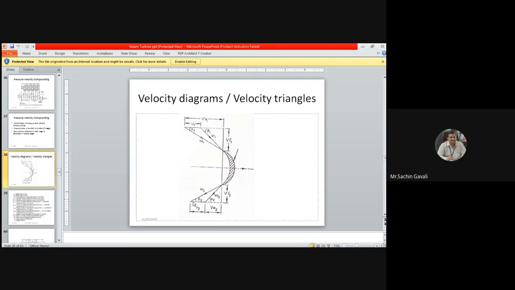There are different components of that particular steam. This blade is moving with velocity u, which is common for both the inlet velocity triangle as well as the outlet velocity triangle. Here is the nozzle, and from that nozzle it is going to be V1.